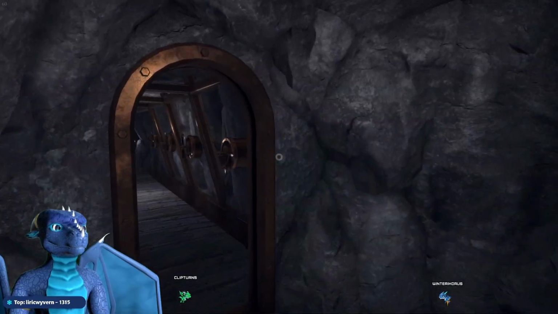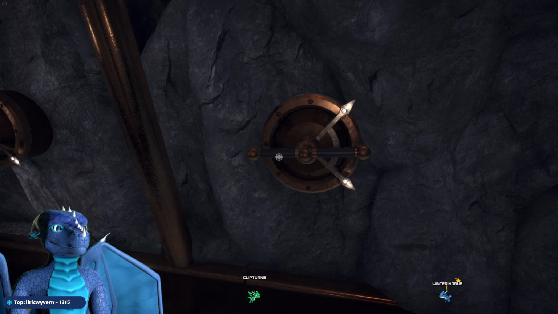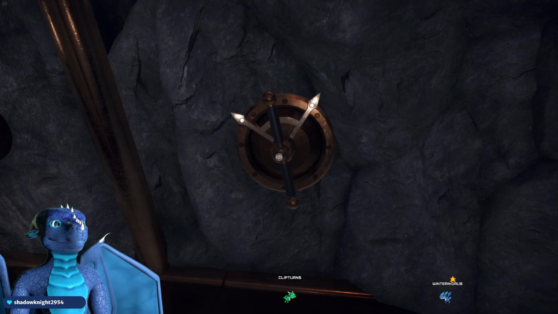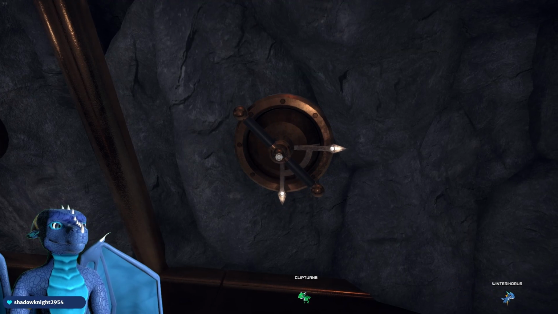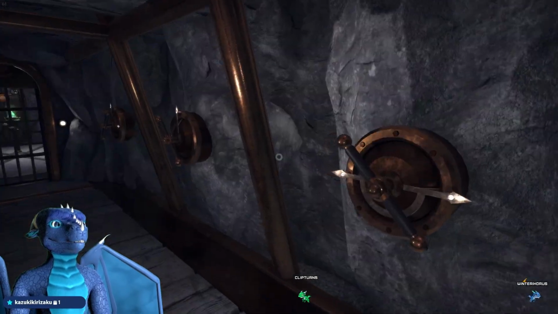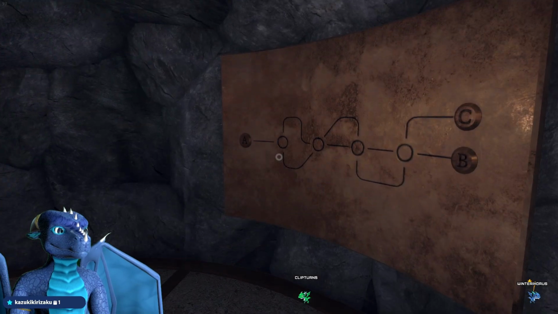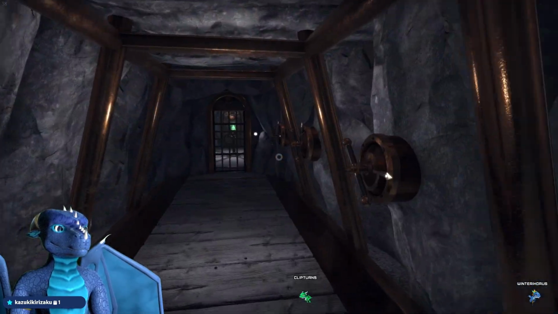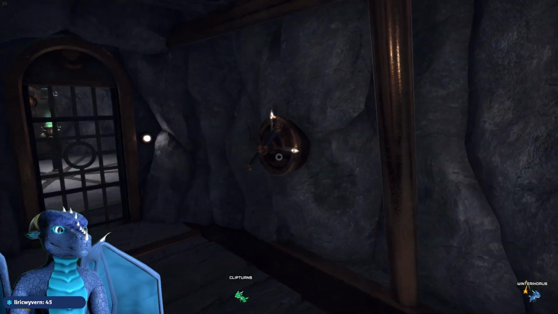So, yeah, instead of going down, go up. I screwed that up. We'd go up. This would be straight across. And then this would go down.